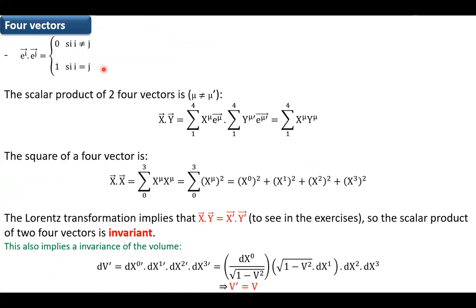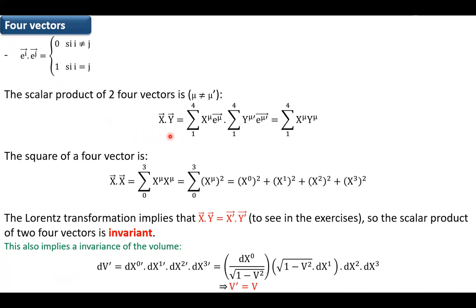As in a Euclidean space, when you multiply two unit vectors, if they are orthogonal, perpendicular, then ei times ej is equal to 0 if i is different from j, and is equal to 1 if i equals j, as in any normal Euclidean space or similar to any 3D space.